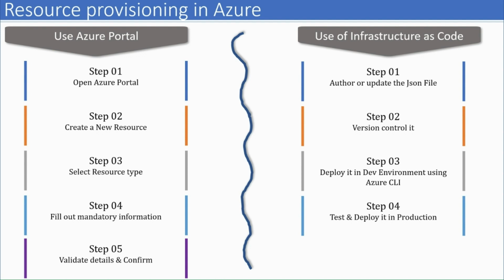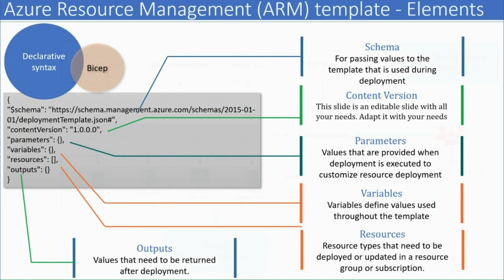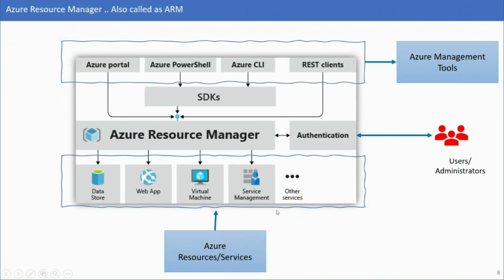So we also saw various channels through which you can provision the resources in one of the previous slides. That is here. You can use Azure Portal or Azure PowerShell or CLI or REST client, which again uses the resource manager service to create or deploy the resources in a particular environment.